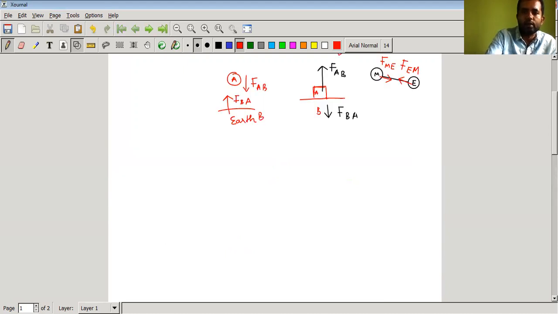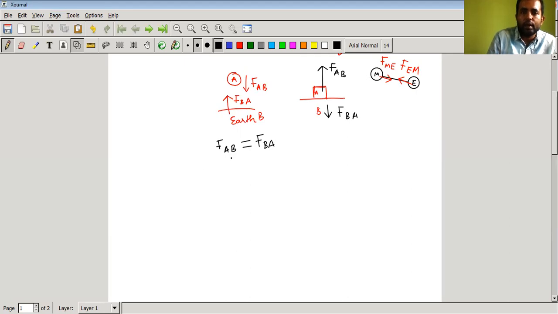Now let us go back. You can see this force is acting upward, this force is acting downward. So they have opposite direction and their magnitude is the same. For that reason, we can write the magnitude of FAB is equal to FBA.